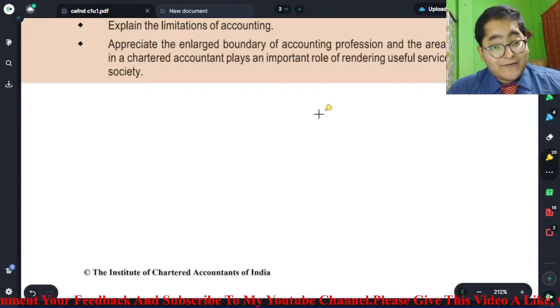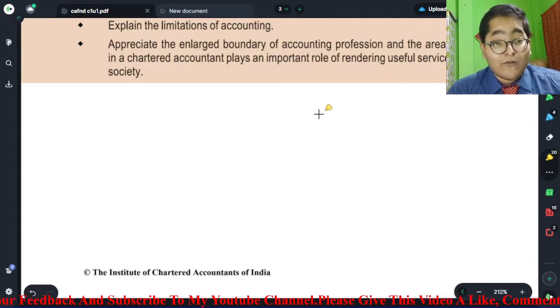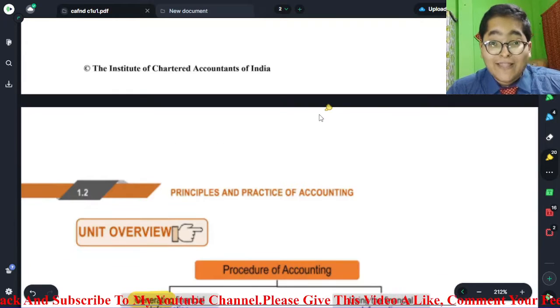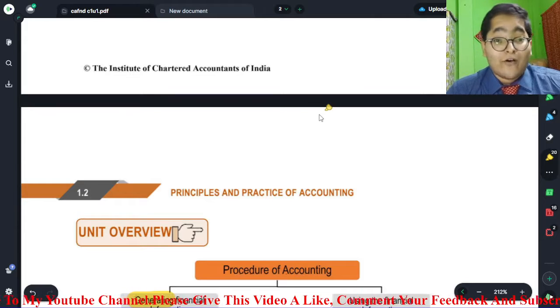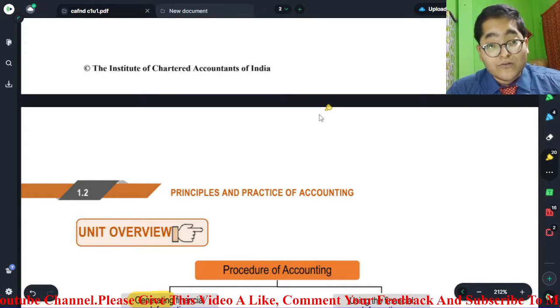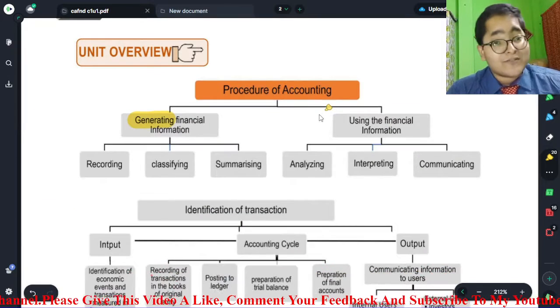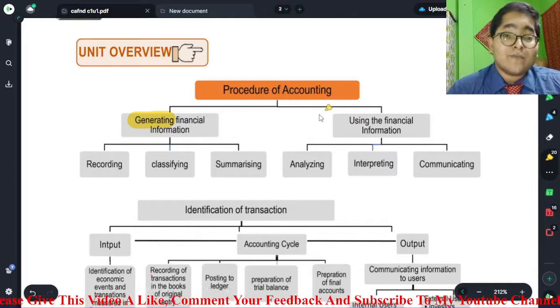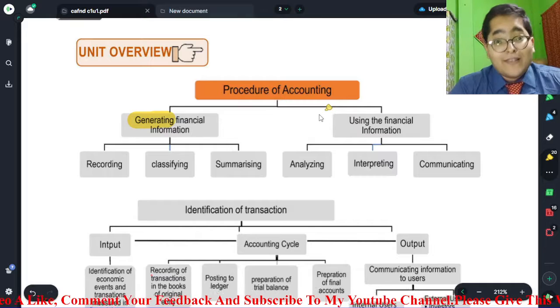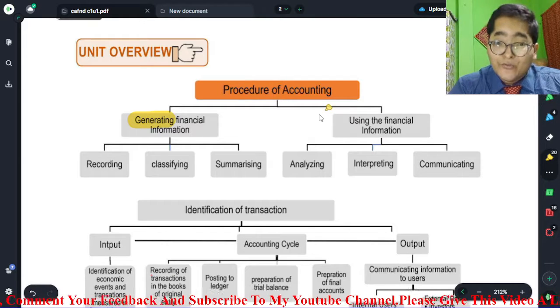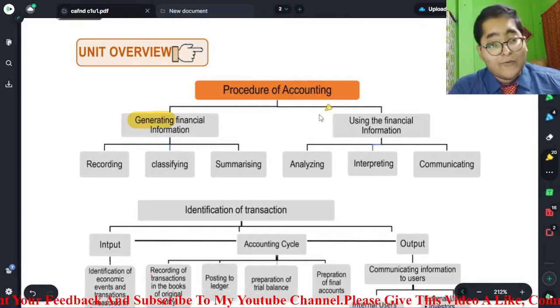So these chapters carry very less marks and also very less weightage in the examination. But these chapters are important for basic knowledge and also for minor 2 to 3 marks questions that come in question number 6 or any other part question. So let's start with chapter 1, unit 1, paper 1, accounting.